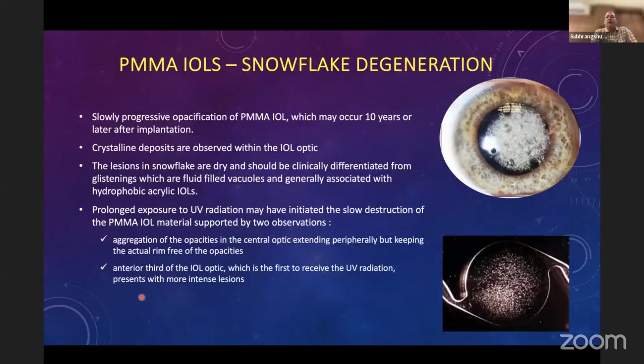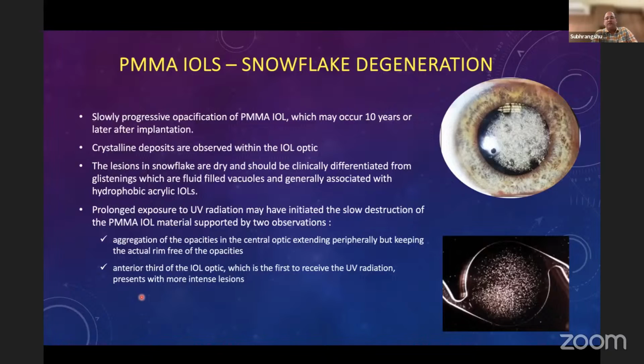Now we come to what is called snowflake degeneration of PMMA IOLs. It is a slowly progressive opacification of PMMA IOLs which may occur 10 years or later after implantation. These are nothing but crystalline deposits observed within the optic of the IOL.